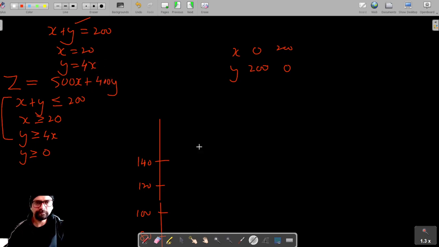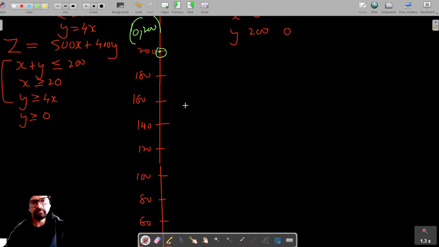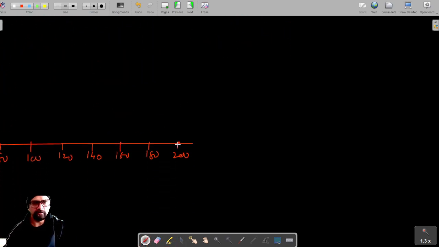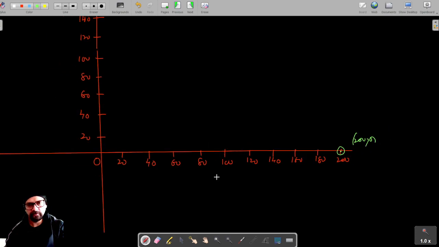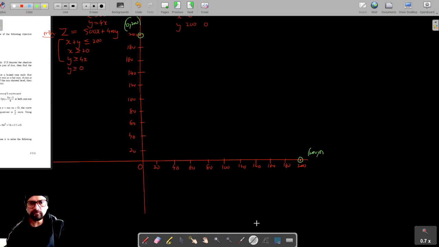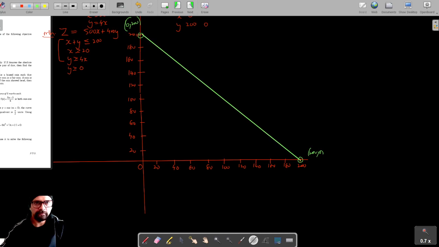Now this is 140, 160, 180, and 200. This is the point 0, 200, and 200 comma 0 is here. So this is 200 comma 0, and we are going to join these 2 points.